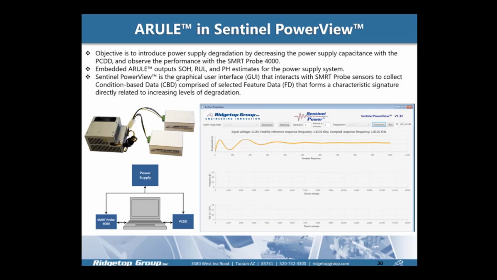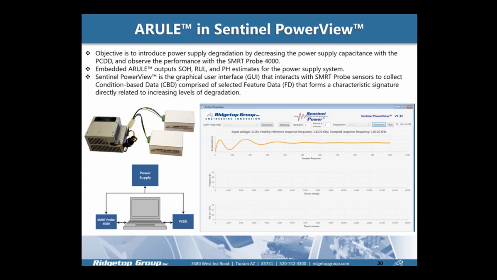With embedded ARULE, we again use the UD ARULE version that outputs the state of health, RUL, and pH estimates for that power supply system. That's shown below here in this picture. Next.